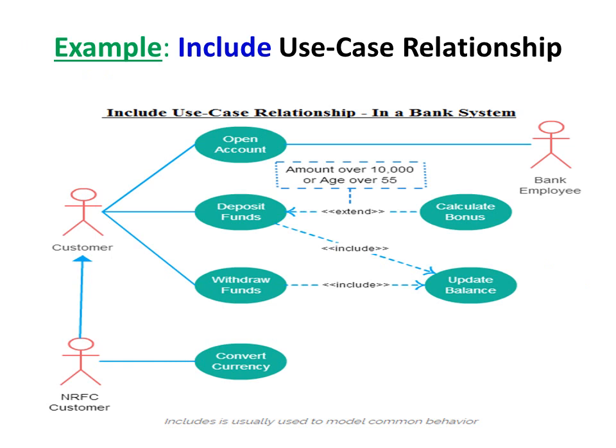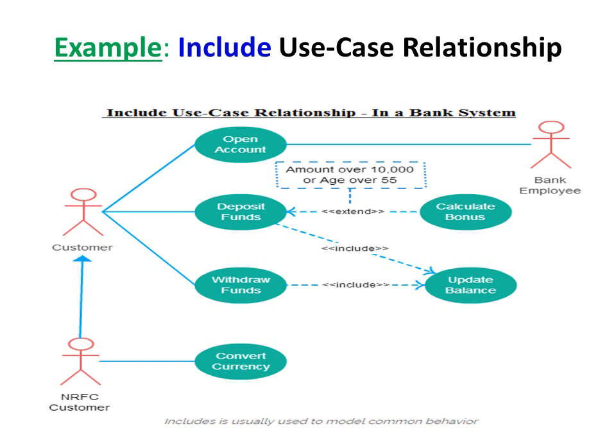This is an example that shows the include relationship. As you can see, there's an include relationship between deposit funds and update balance. What does it mean? It means when the customer deposits funds, the update balance should be executed.